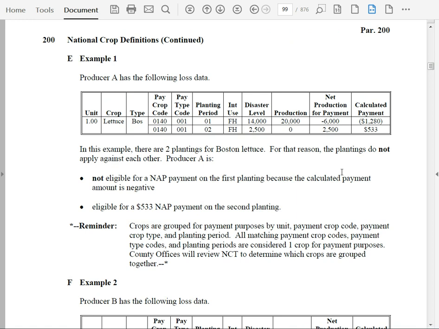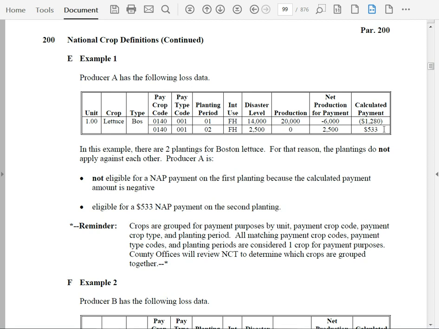The next 2 subparagraphs give examples of how losses are calculated in light of this procedure. In example 1, you see that the crop, lettuce, has only one type, Boston, but there are 2 different planting periods. In this example, we see that the producer has a negative payment calculated for planting period 1, meaning they do not earn a payment for this entry.